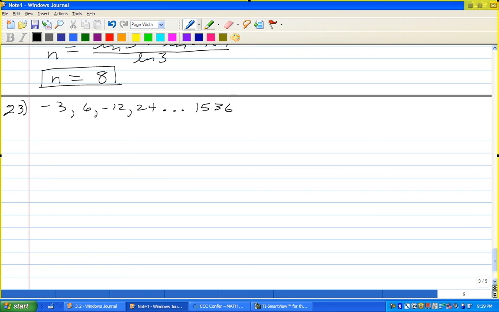Okay, so let's figure out how many terms there are. A sub n is a1 r to the n minus 1.